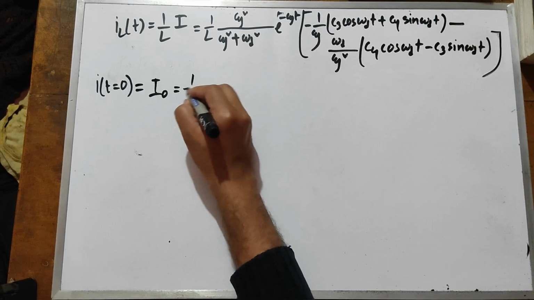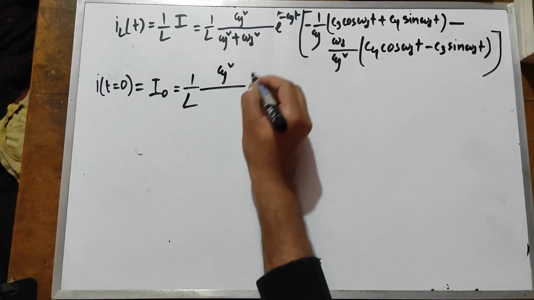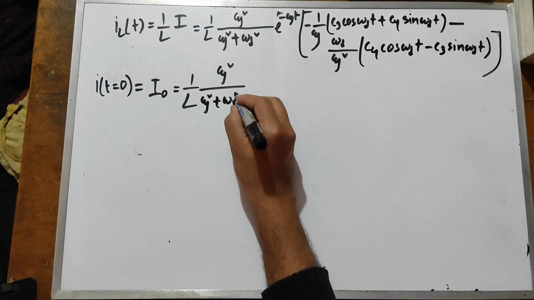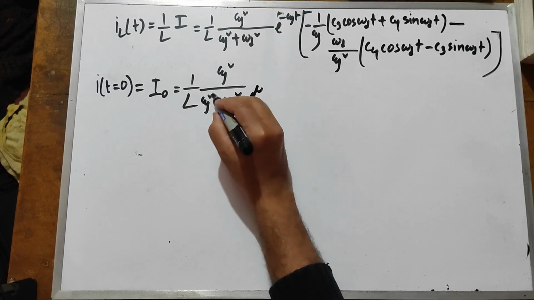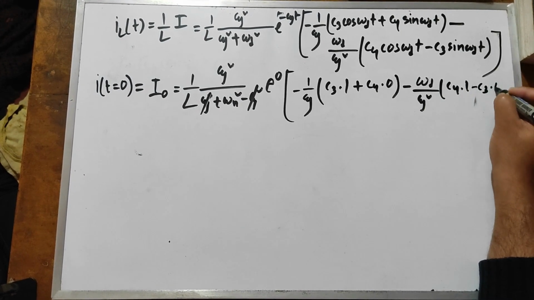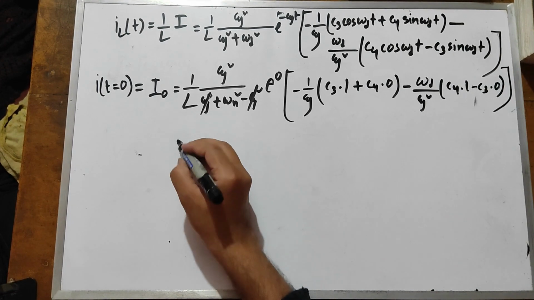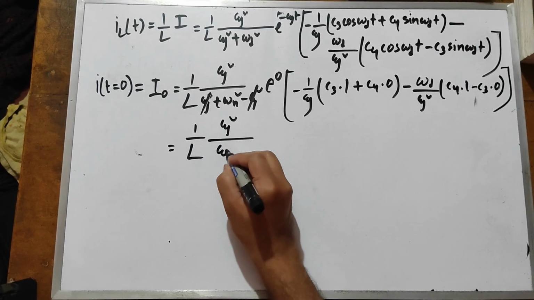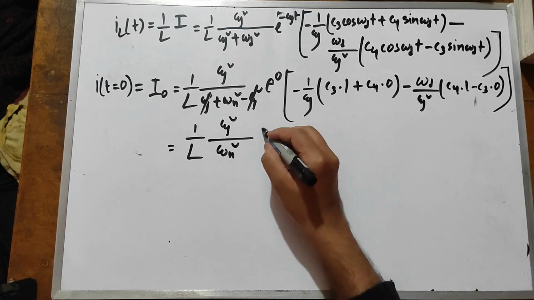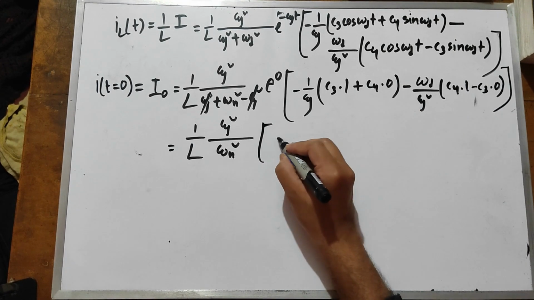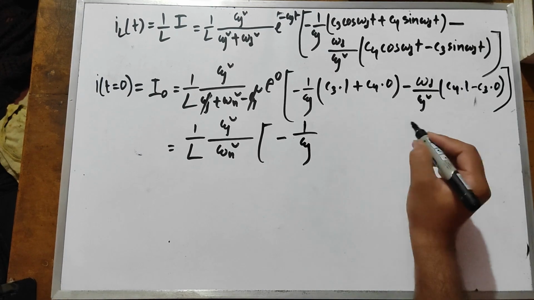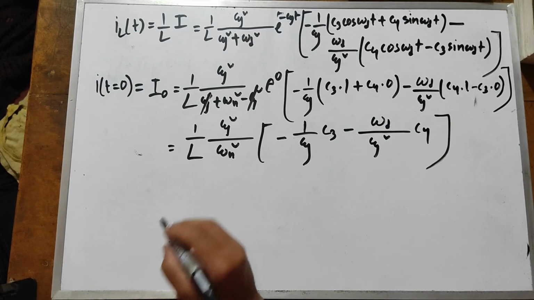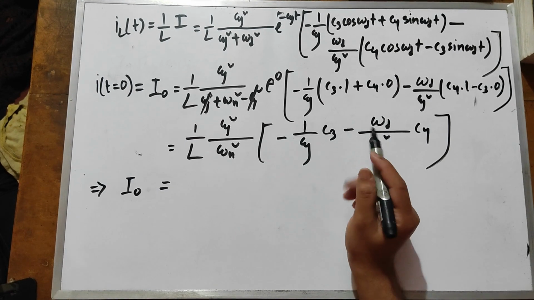Now 1 by L, psi squared plus omega n squared minus psi squared, so this will cut out, minus C3 times 0. So C3 is the initial voltage across the capacitor.